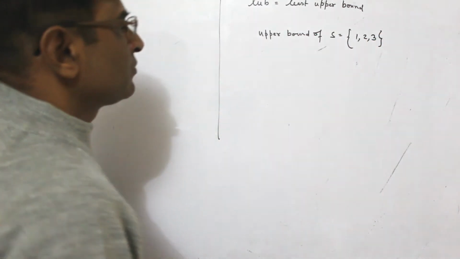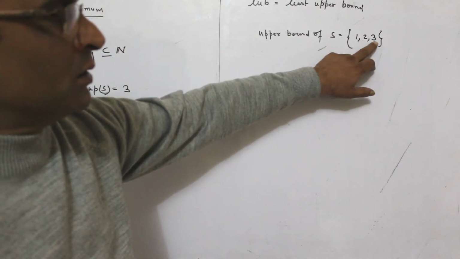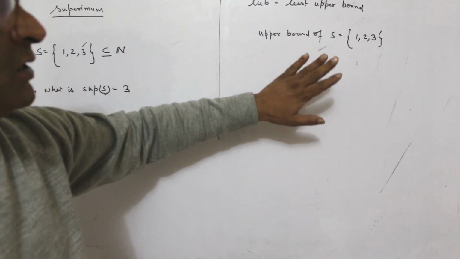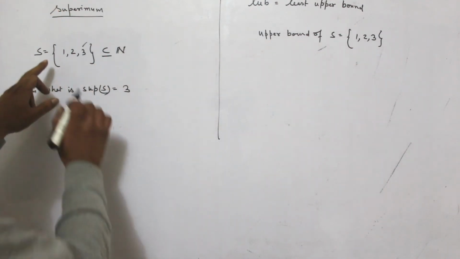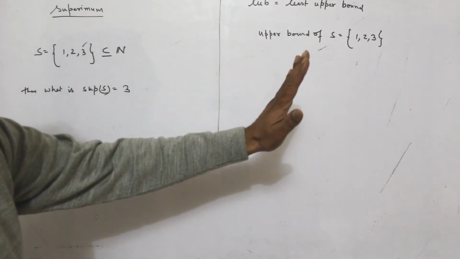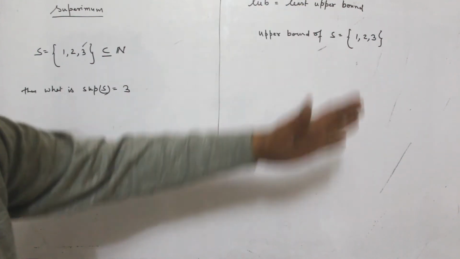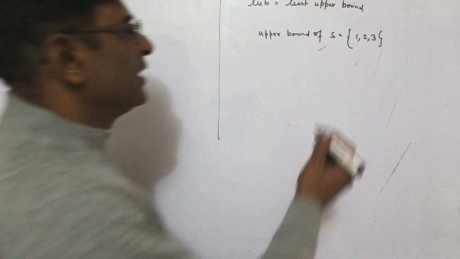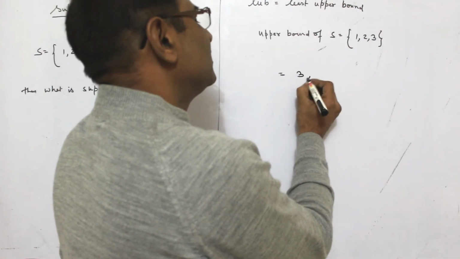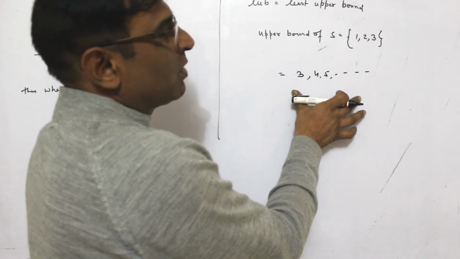Now see, the upper bound which exists in S is 3, but because this set is a subset of N, other numbers other than S which fall in N are also upper bounds. Like the upper bound of S, the answer is 3, 4, 5, and so on. All are upper bounds.